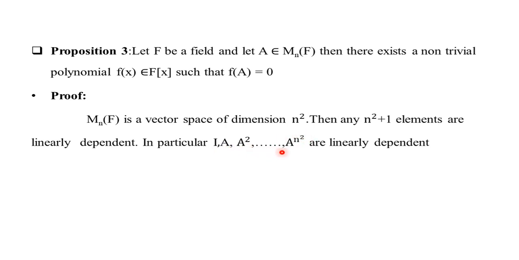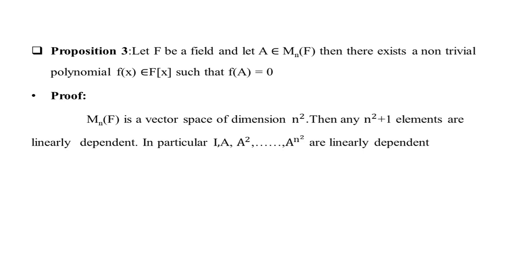So there are n square plus 1 elements of Mn of F. These are linearly dependent. Students, we know that linearly dependent means we can find a non-trivial linear relation between these n square plus 1 elements.